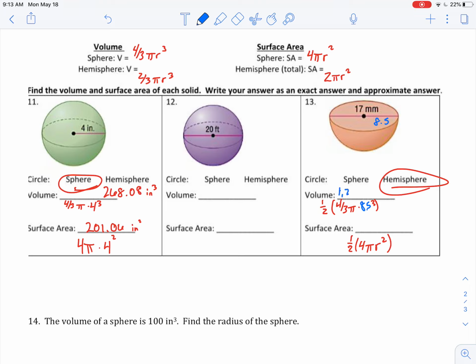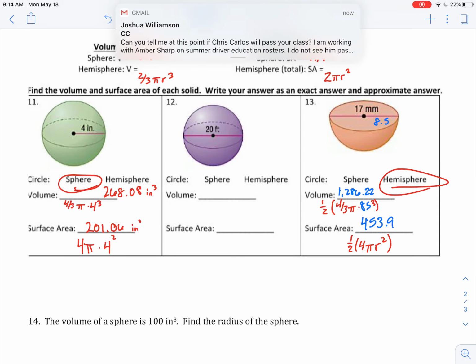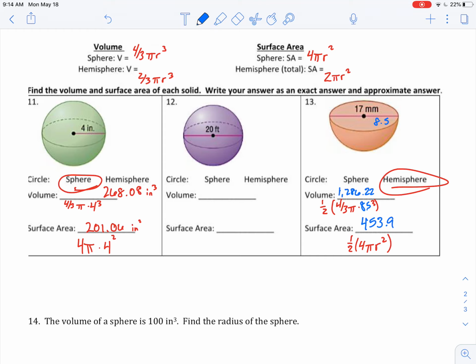And I'll get 1,286.22. And for surface area, I'll just take 2 pi r squared, or half of 4 pi r squared. So 8.5 squared times 4 times pi, but divide that by 2 because I've only got half a sphere, and that is 453.96.